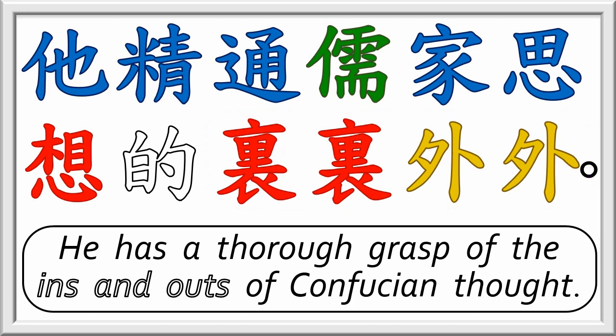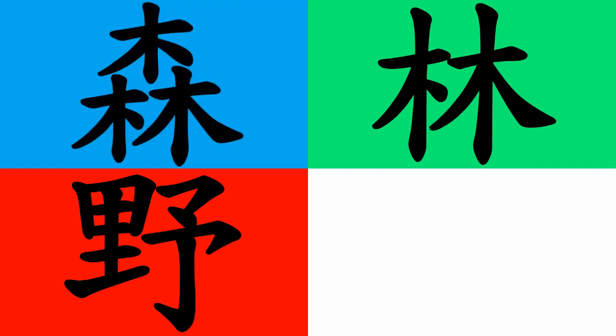He's thoroughly familiar with the ins and outs of Confucian thought. Here is our color chart with today's 7 characters. 李也林森一李 and 雨.